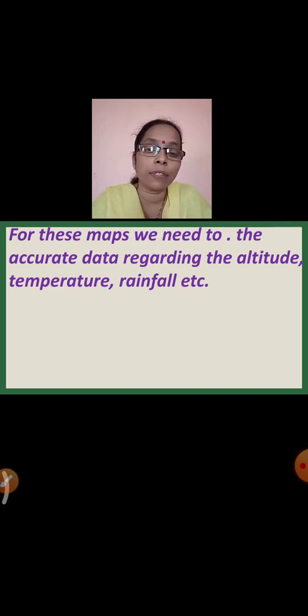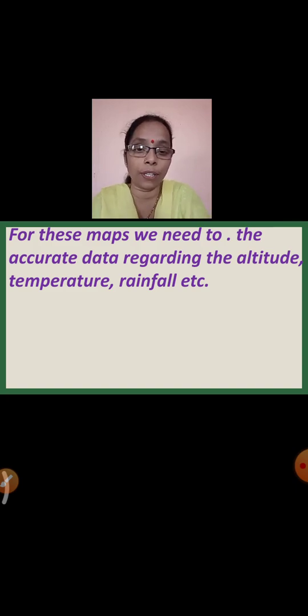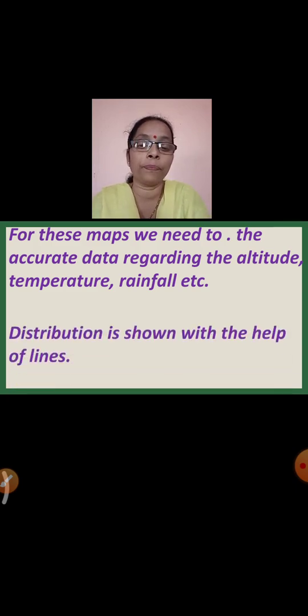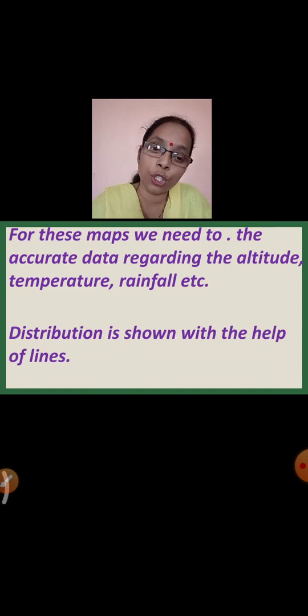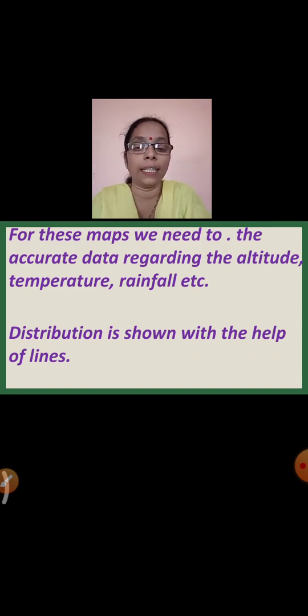For these maps, we need to have accurate data regarding the altitude, rainfall, temperature, etc. Like for example, in dot method, we used to collect the data by means of counting, whereas in choropleth method, it was collected by means of measuring and surveying. So here, you need to have accurate data related to the temperature, rainfall, etc. And distribution is shown with the help of lines.